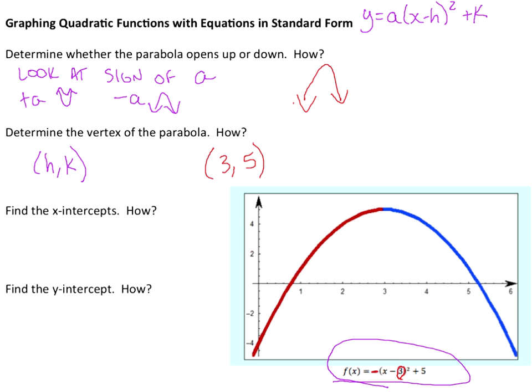The x-intercepts. How do I find the x-intercepts? Well, it's the same no matter what kind of equation you're trying to find the x-intercepts for. Whenever you're looking for x-intercepts, you always plug in 0 for y and solve for x.